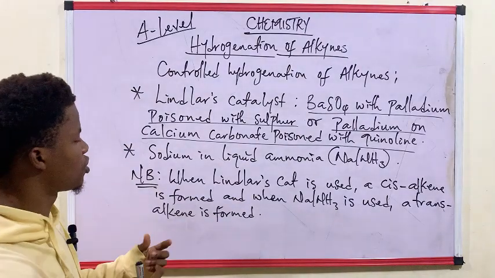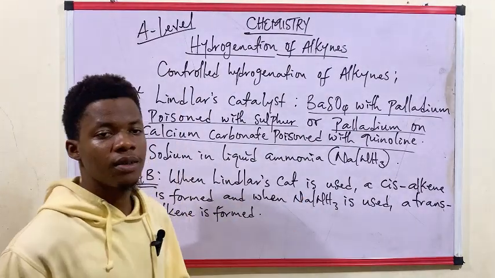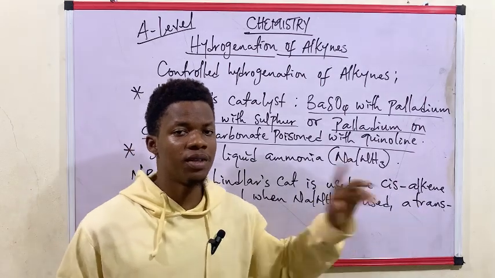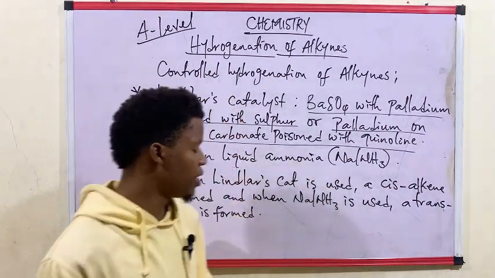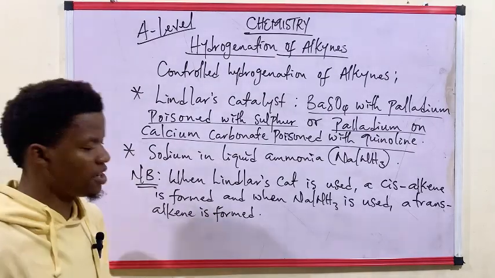So when we use Lindlar's catalyst, what do we get? A cis alkene. When we use sodium in liquid ammonia, what do we get? A trans alkene. All right.